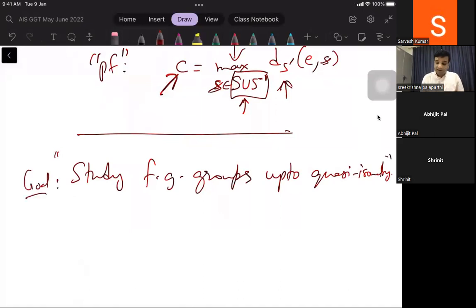Any two finite groups will always be quasi isometric. So finite groups are not actually very interesting in this sense, because any two finite groups will automatically be quasi isometric. That's why I mentioned infinite groups; you are interested in infinite groups.